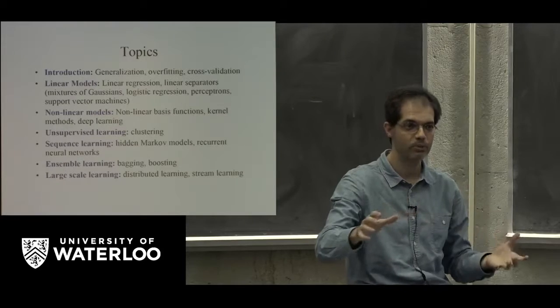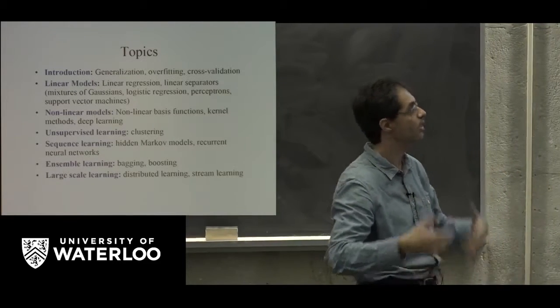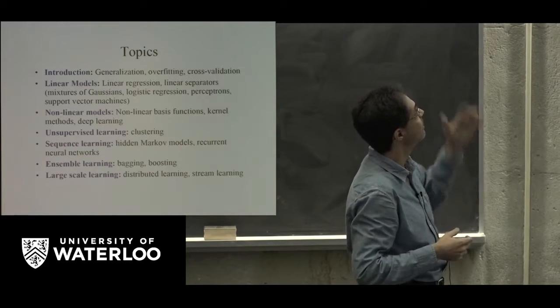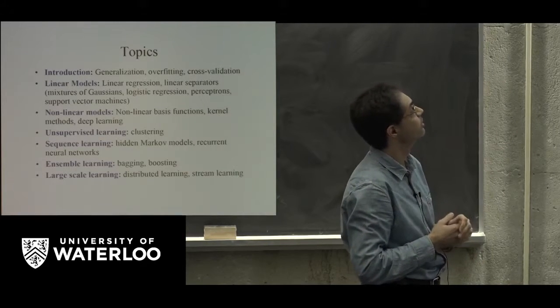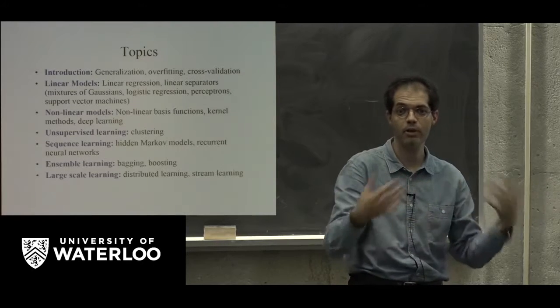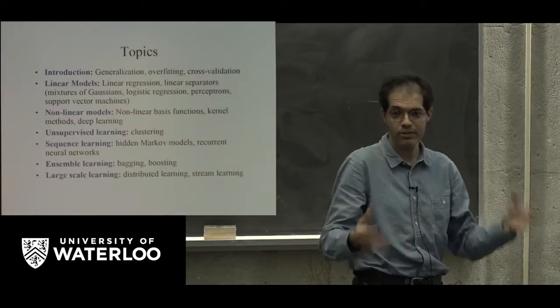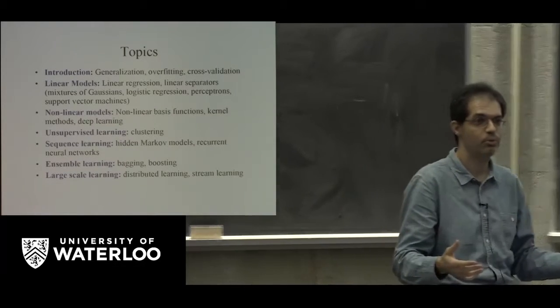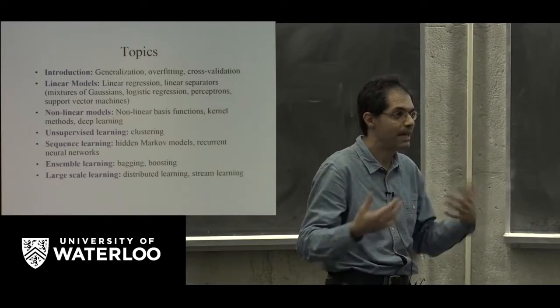And then this might require some linear math and linear algebra. And there's lots of models like linear regression, mixtures of Gaussians, logistic regression, perceptron, support vector machines that all rely on this type of linear models. Now, these models are simple, so they're easy to work with, but they're not very comprehensive. They're not the best in general.